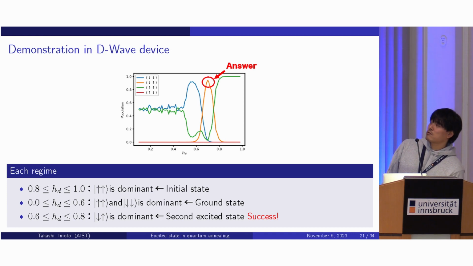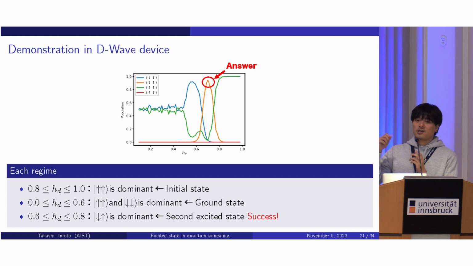And on the other hand, when HD is lower than 0.6, the up state or the down state is dominant. So here, the up and down states are the ground state of the problem Hamiltonian.